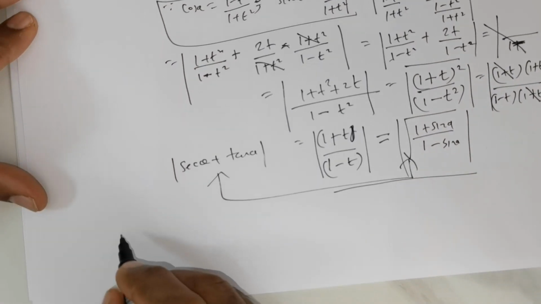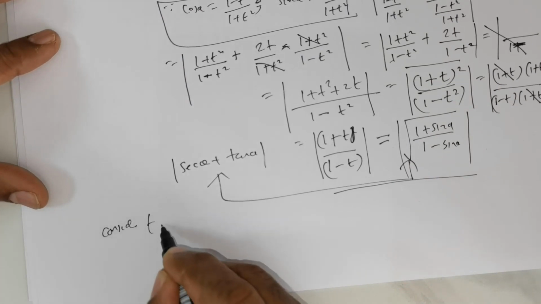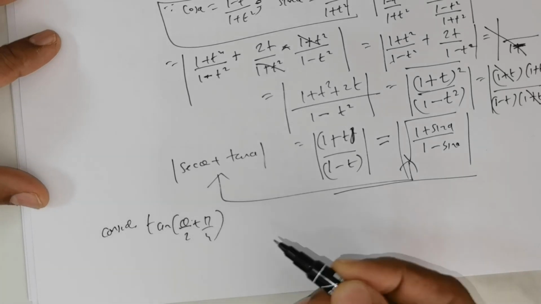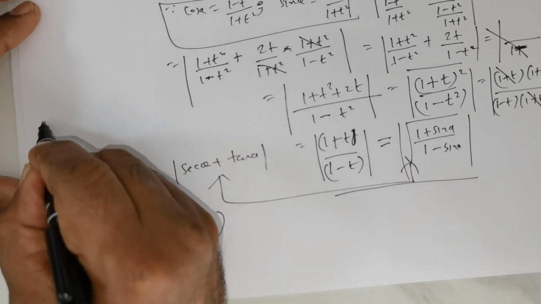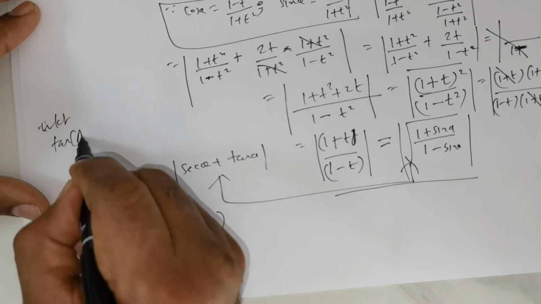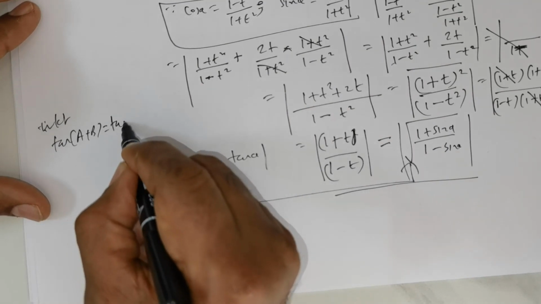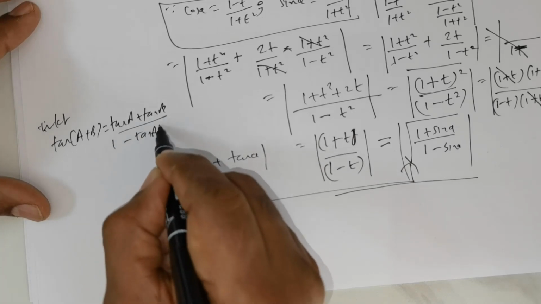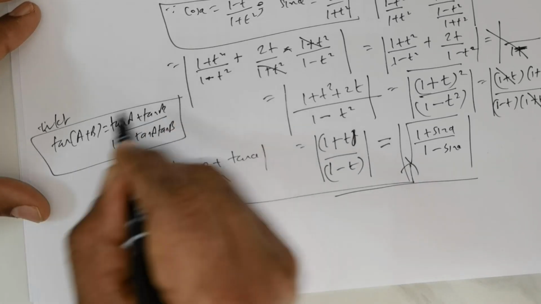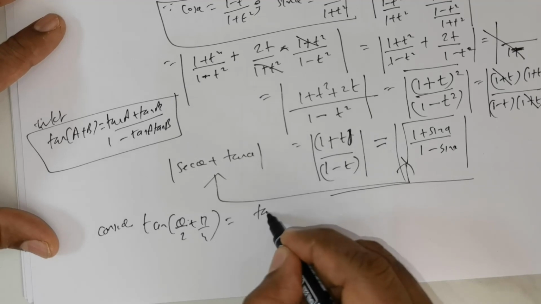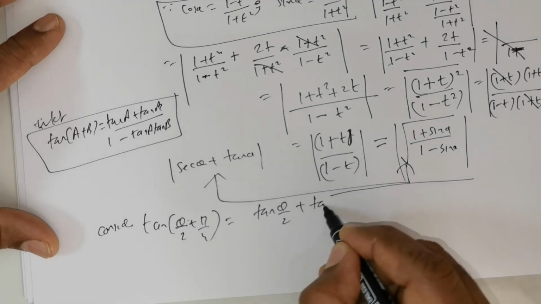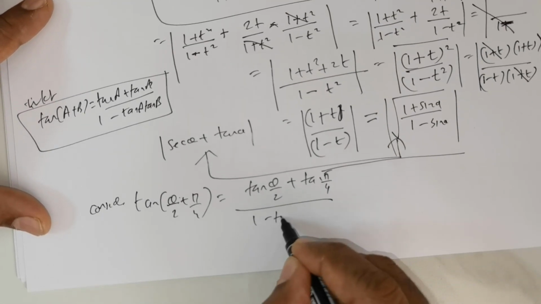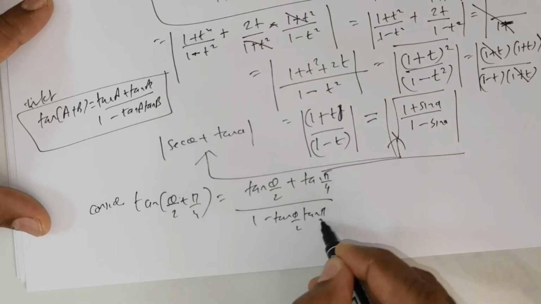So consider tan of (theta over 2 plus pi over 4). Now we have a formula. We know that tan of (a plus b) is (tan a plus tan b) divided by (1 minus tan a tan b). Applying this formula here, this is going to be (tan theta over 2 plus tan pi over 4) divided by (1 minus tan theta over 2 times tan pi over 4).